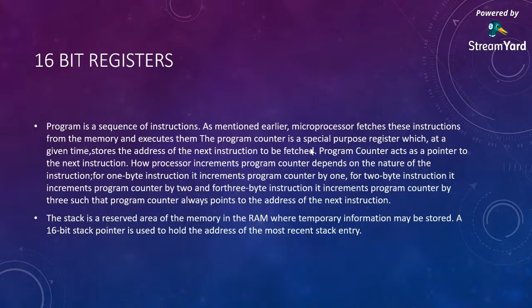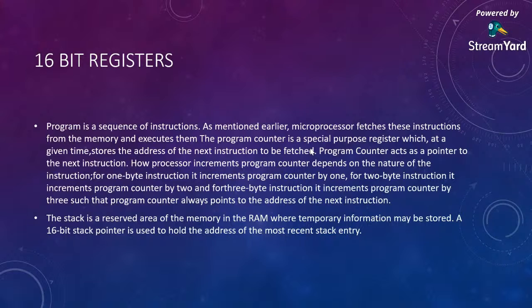The program counter acts as a pointer to the next instruction. How the processor increments the program counter depends on the nature of the instruction itself. For a 1-byte instruction, the program counter increments by 1. For a 2-byte instruction, it increments by 2, or for a 3-byte instruction, the increment will be 3, and so on and so forth.